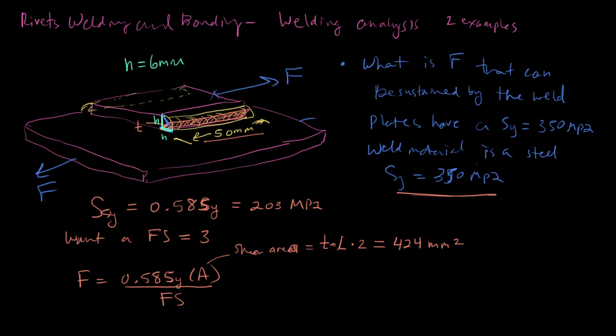So if we take the leg height and we get our throat area, then our shear area is 0.707 times H times L times 2, which is 100 millimeters, and that gives us our 424 millimeters squared.